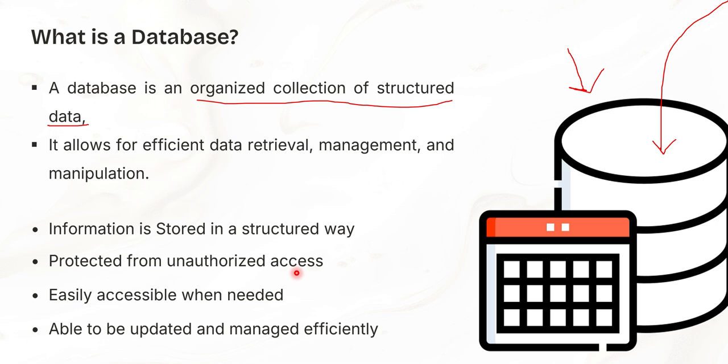Like every other software tool, even a database helps you give protection to your data and to ensure no unauthorized people will be using this data. And it is easily accessible whenever you need it, and it will be updated and managed efficiently as per the requirement of the user as and when they want the modifications to be done. So that's how the database is all about.